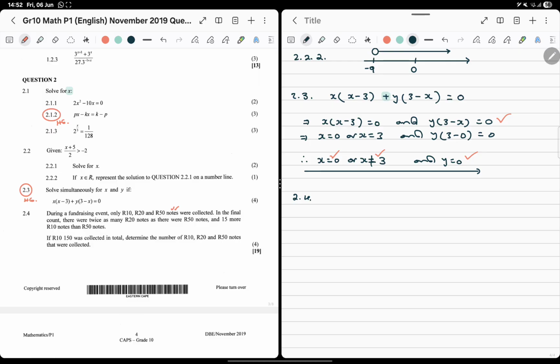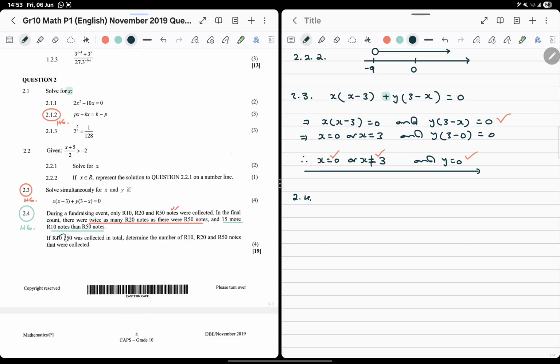In the final count, there were twice as many 20 rand notes as were 50 rand notes, and 15 more 10 rand notes than 50 rand notes. Okay, again, this is another higher grade 10 question. Even grade 12s will choke when they get here. Believe me, they will.